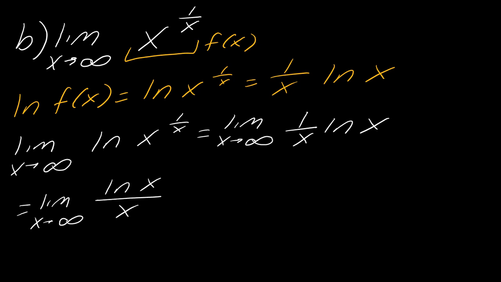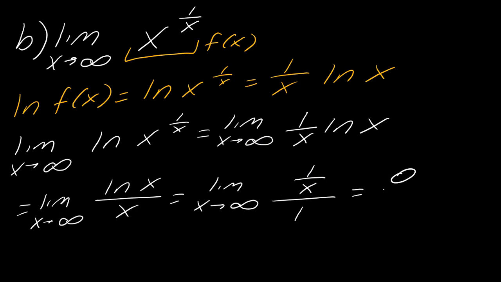So now I can rewrite this. And now you'll notice I have turned this into a problem that gives me infinity over infinity. Therefore, I can go ahead and take the derivatives. I take the derivative of the top. The derivative of the top is going to be 1 over x. I take the derivative of the bottom. That's going to be 1. And so now the limit of this as x goes to infinity is just going to be 0.